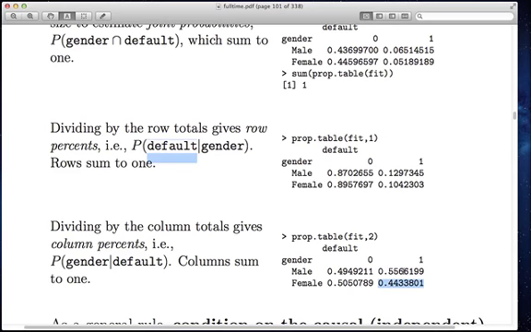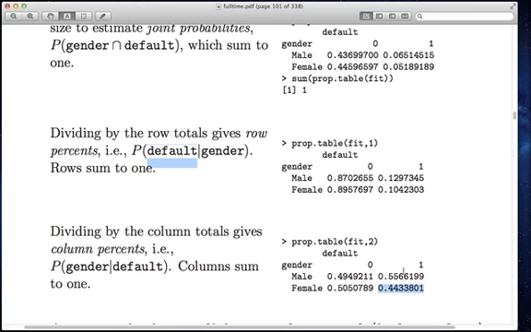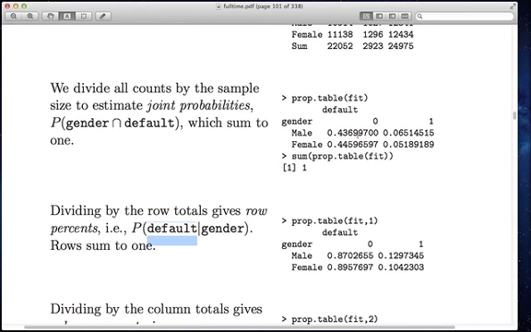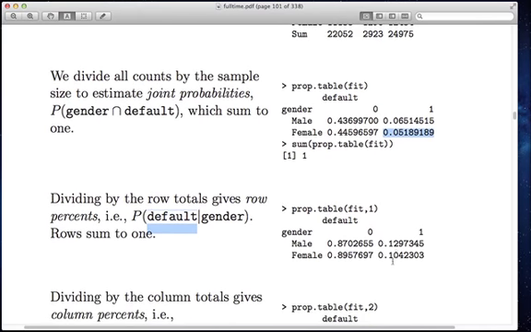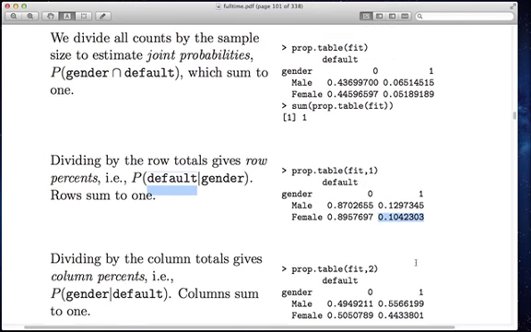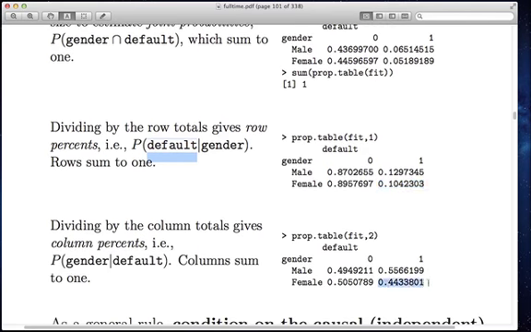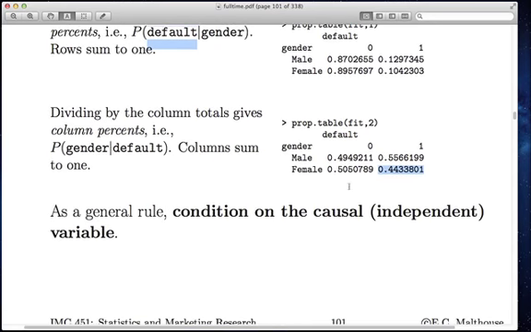It's really important to keep all these straight. The joint probabilities refer to everyone, so 5.2% of everybody is female and defaulted. This number conditions on the rows, so 10% of females defaulted. This number conditions on columns, so 44% of defaulters are female. Keep those straight. It's really easy to get confused.